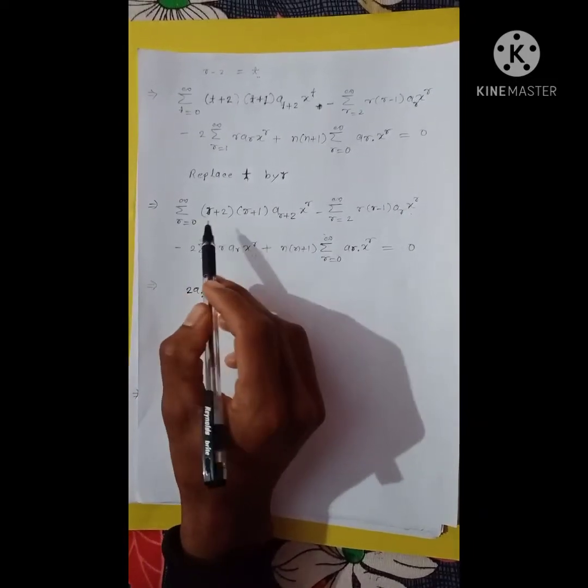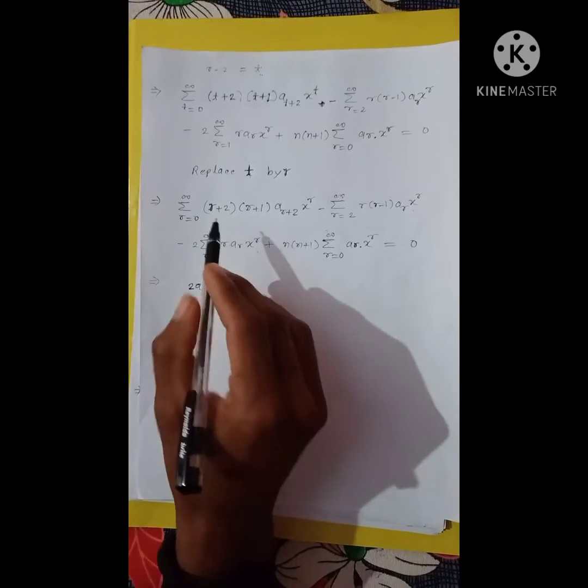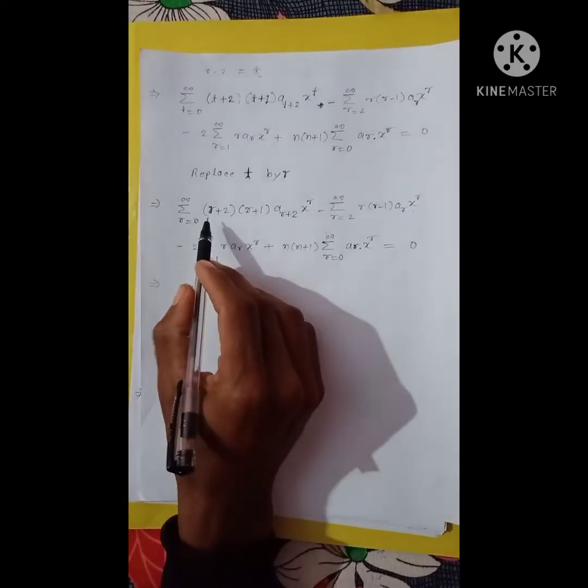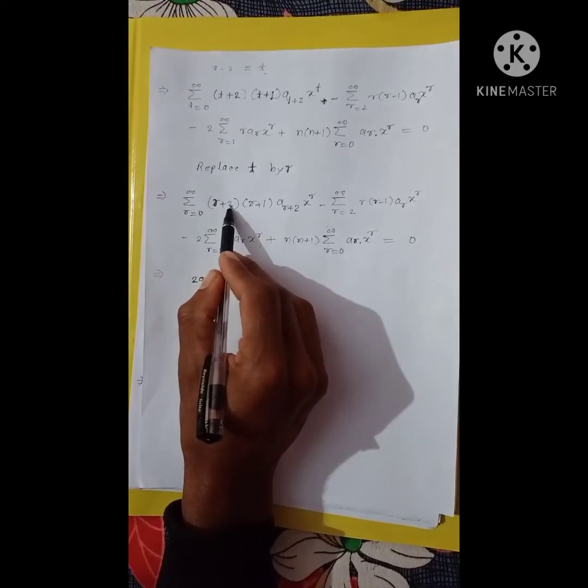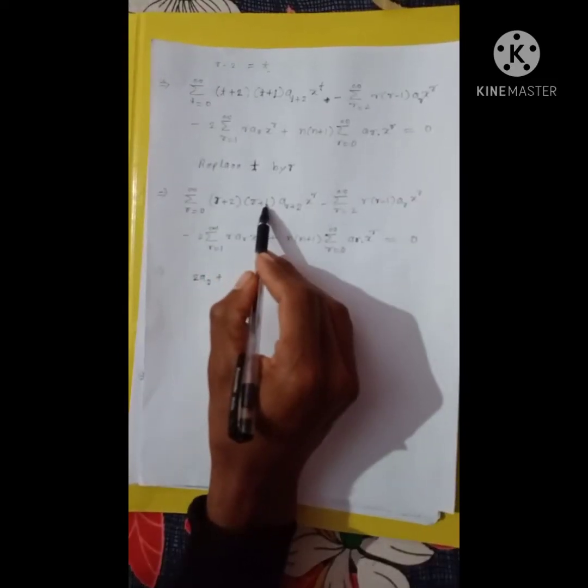When r is equal to 1, we get 1 plus 2 becomes 3 and 1 plus 1 becomes 2.